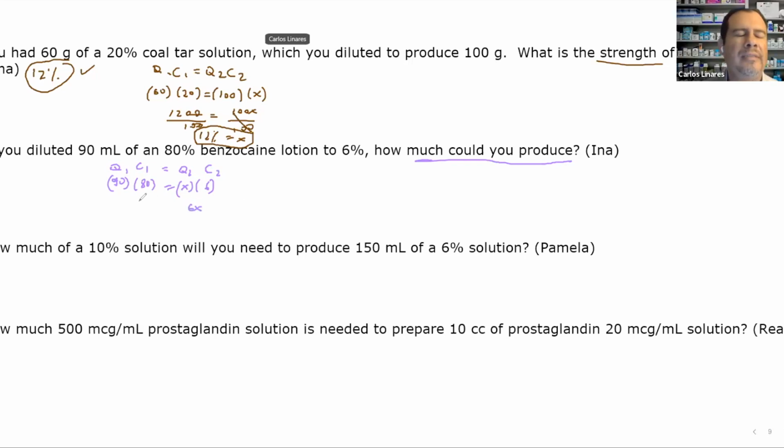So that's 6X equals 7,200, over 6. So it's going to be 120. What's the unit? You already have percentage. How much could you produce? Milliliters. Yes, 120 mLs. Great.